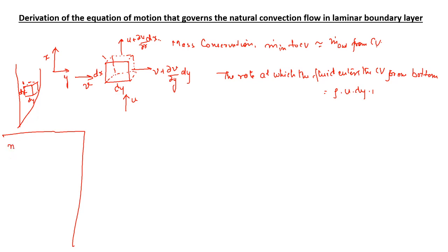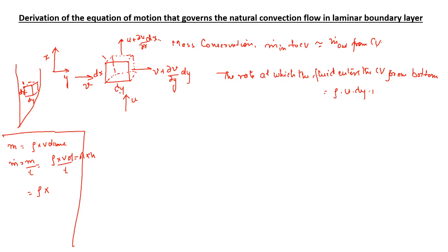Because we know the mass is equal to density into volume, mass flow rate is mass per unit time, which is equal to density into volume upon time. Volume is area into height. So we have density into area.